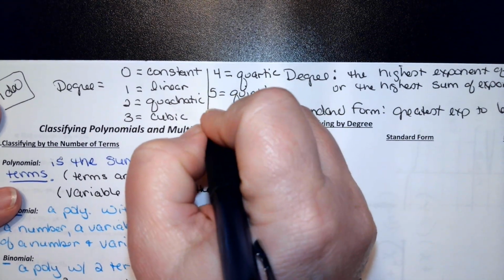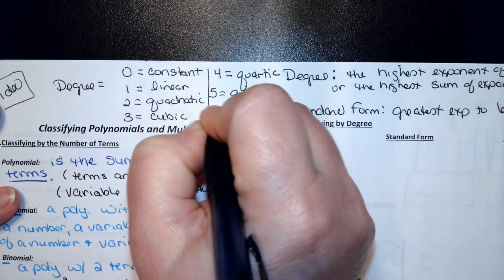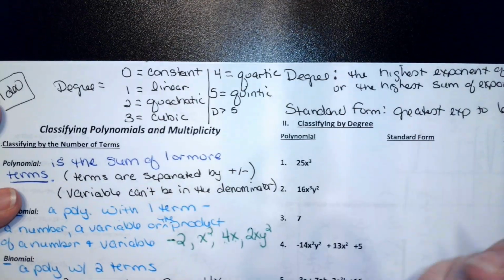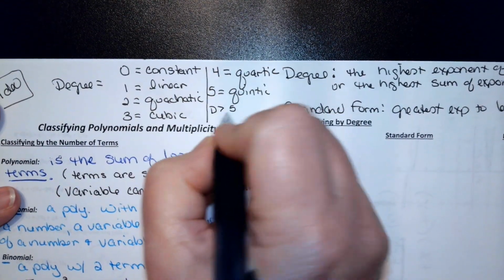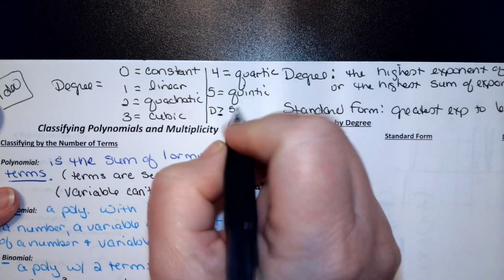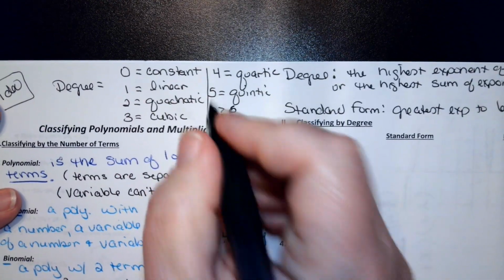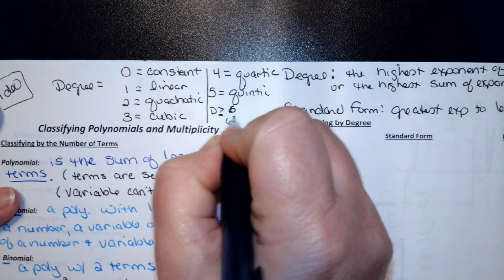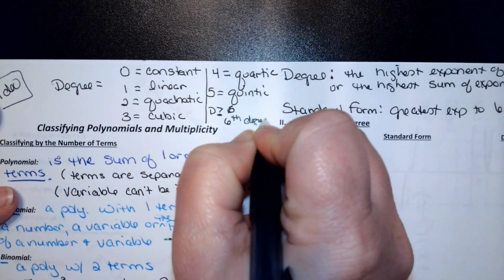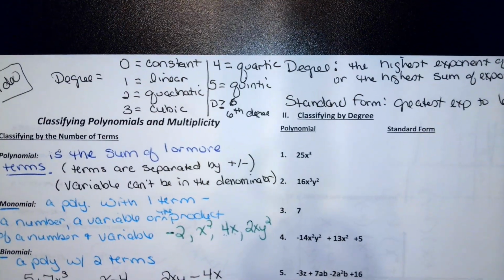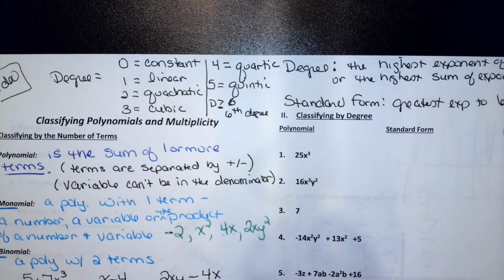And any degree greater than or equal to 6, let's just use 6. So it would be called a 6th-degree function. If it was a degree of 7, it would be called a 7th-degree function, and so forth and so on.